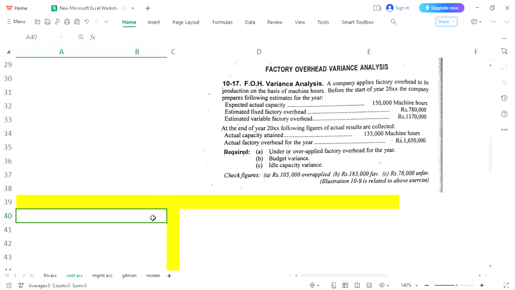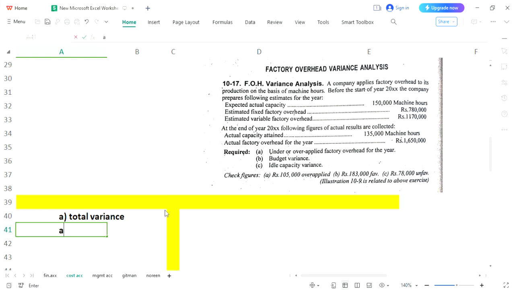The very first requirement, A, is to calculate under or over applied. This type of variance is called total variance, and for total variance you need two main factors, one of which is actual FOH, and then you will subtract applied FOH from actual FOH. So you will always subtract.